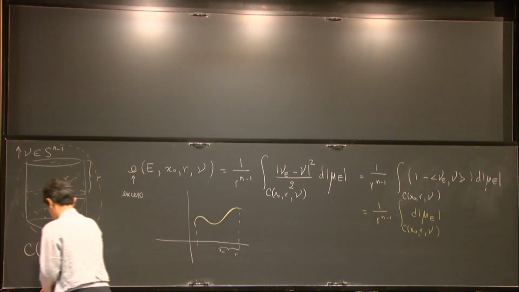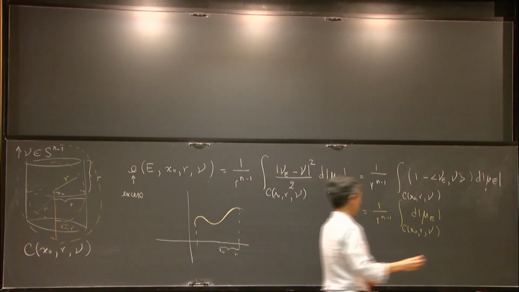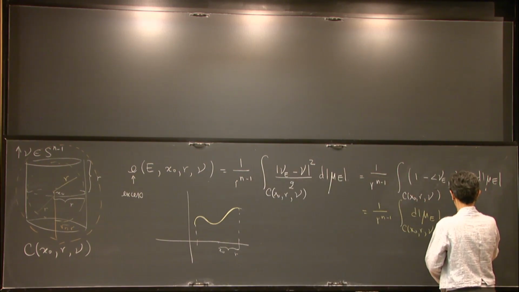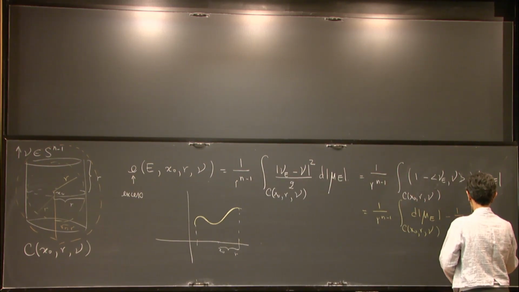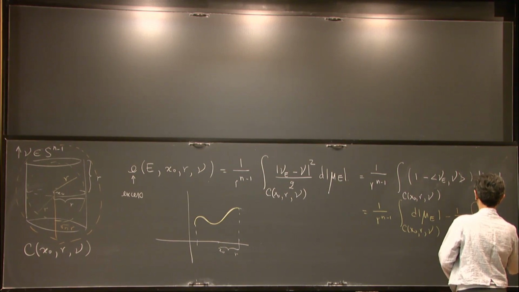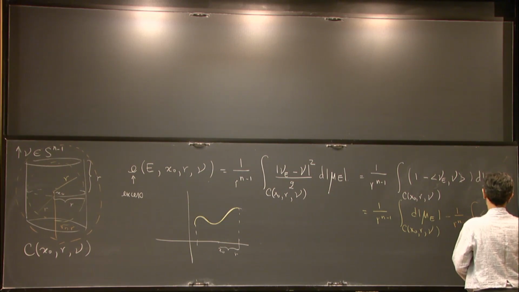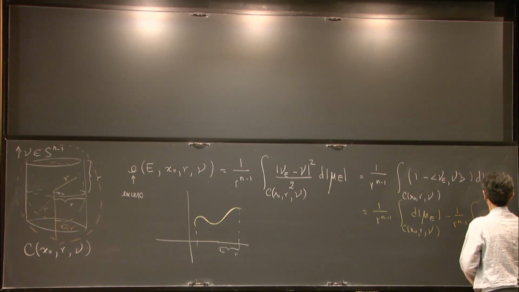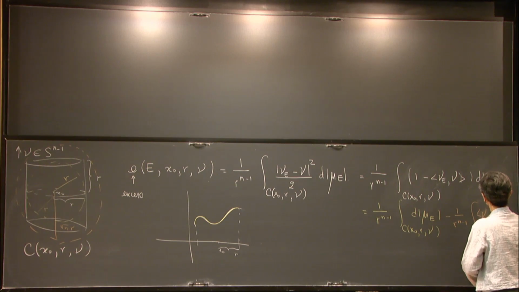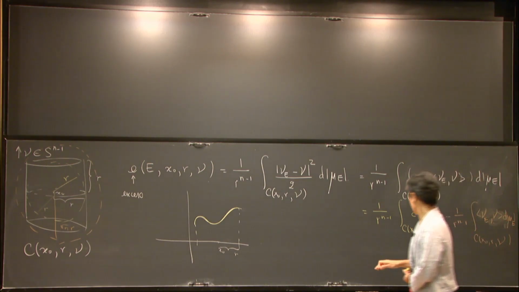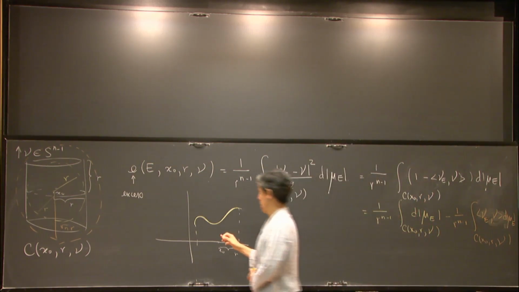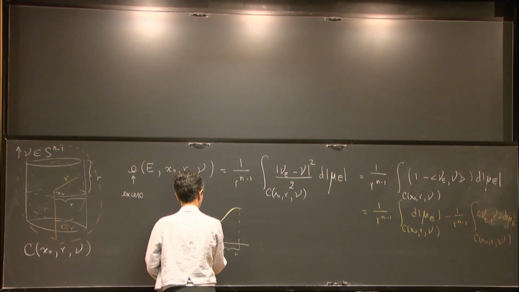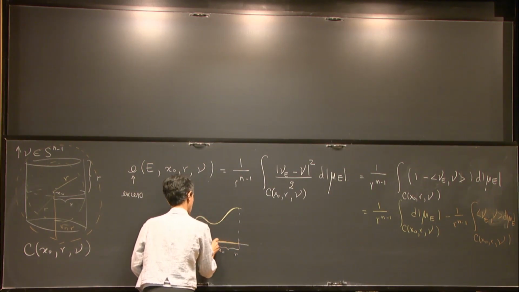And then, unfortunately we don't have time to do it, R^(n-1) C of x naught R nu. I leave it to you to convince yourself. You know what nu of E is in this case. You did it on Sunday. You know what mu of E is, just the surface measure. And in this case, when you look at that, it's the length of this.